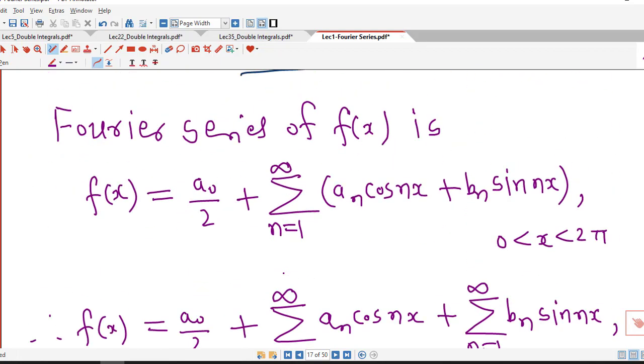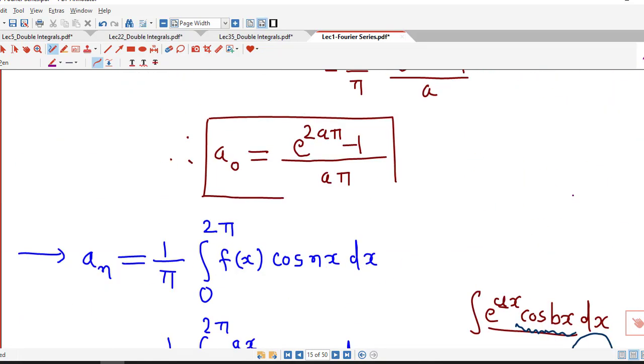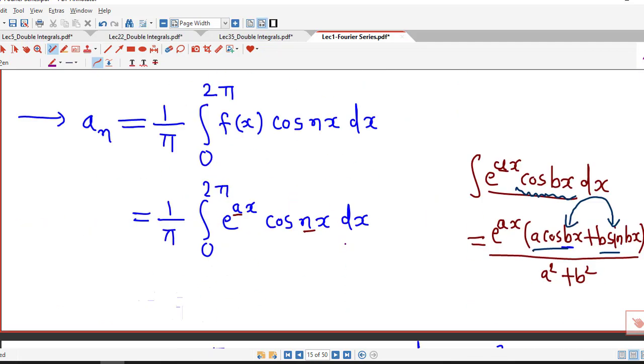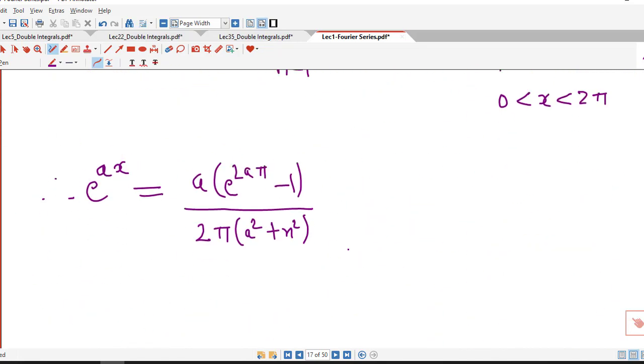I think I have not written the value of a0, this is the value of an, so I have to write down this value.